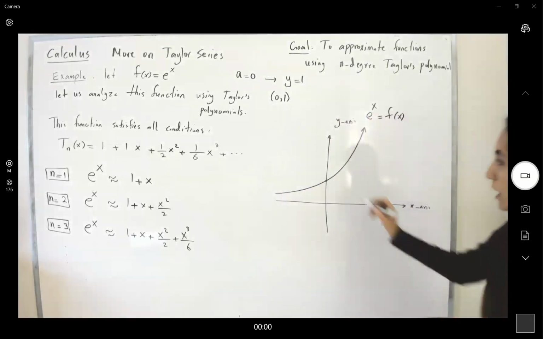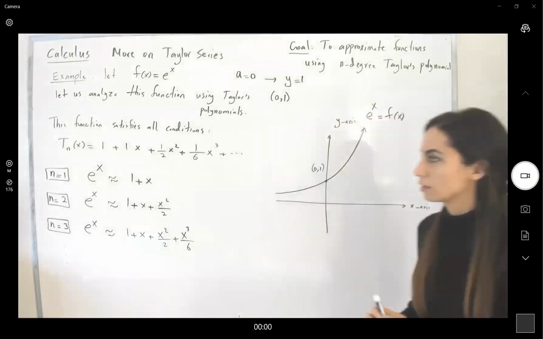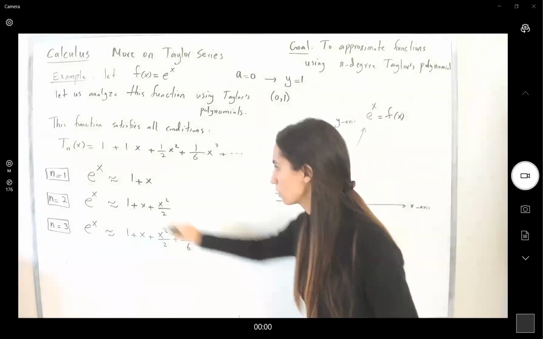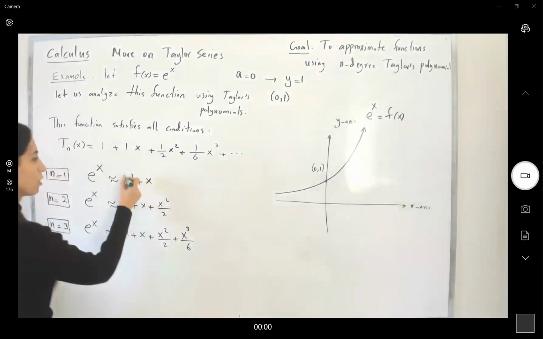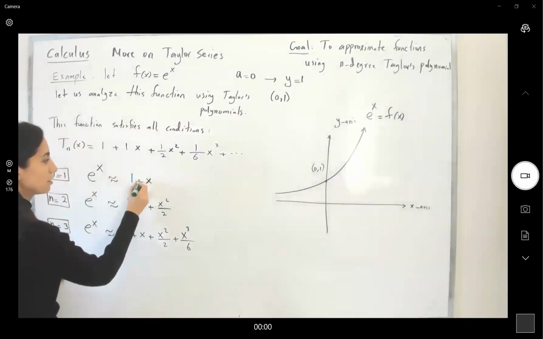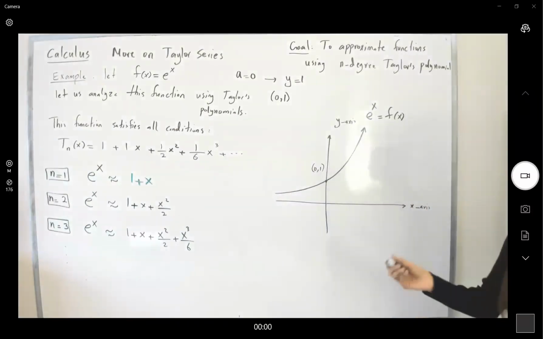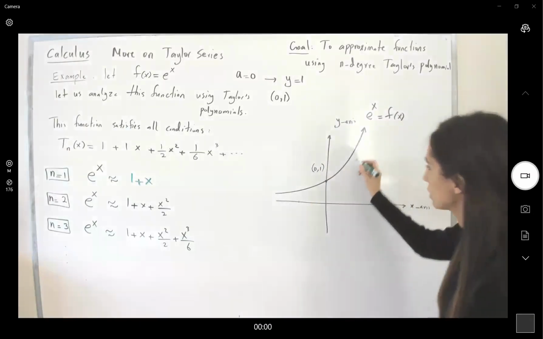Now let us take a look at these different functions that we have. The first polynomial is 1 plus x. Let me use green for 1 plus x. This is just a line. So if you plug in minus 1 here, and if you plug in 1, you get 2.